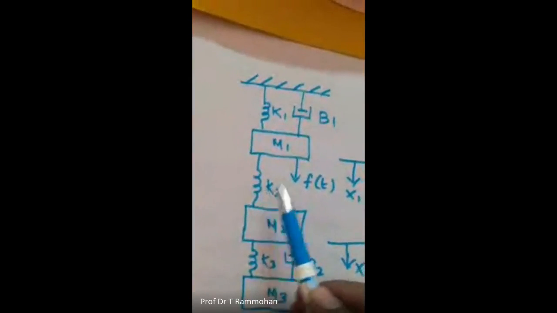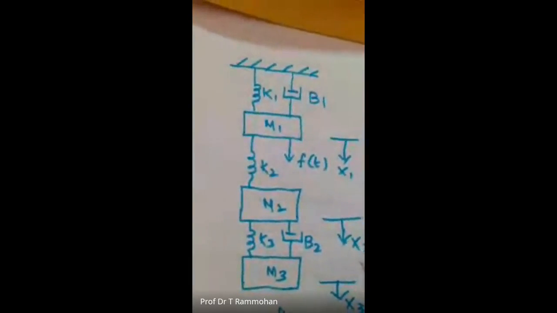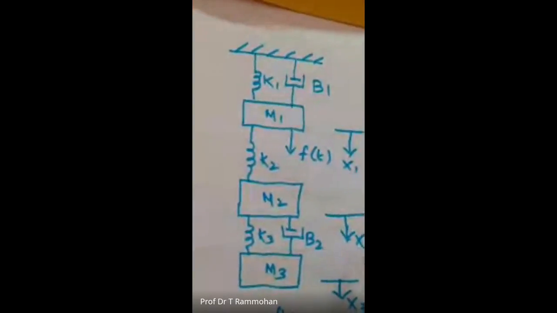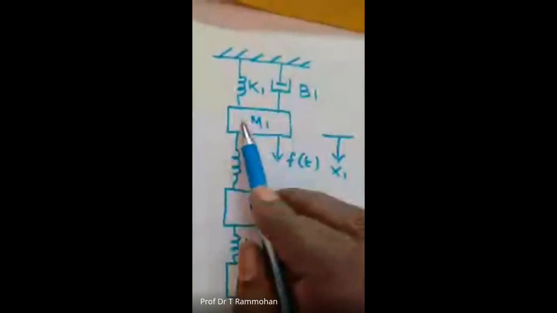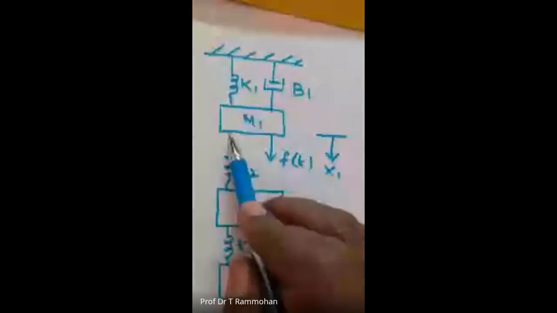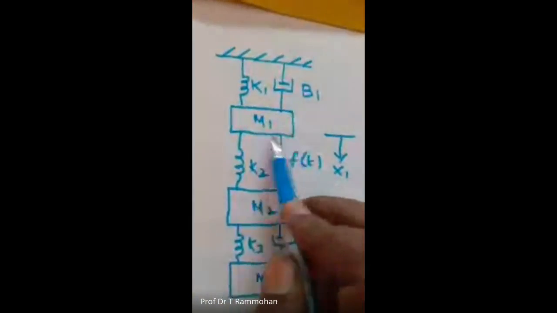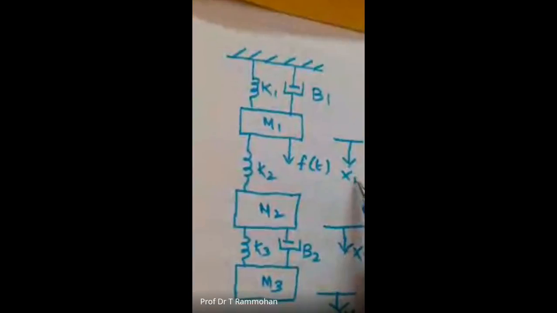And K2 is the spring connected between two masses. It undergoes two displacements, x1 and x2. We have drawn the free body diagram for mass 1. So this is positive.